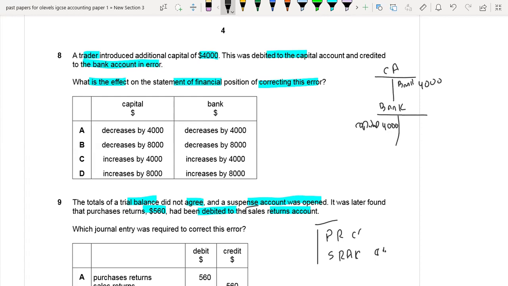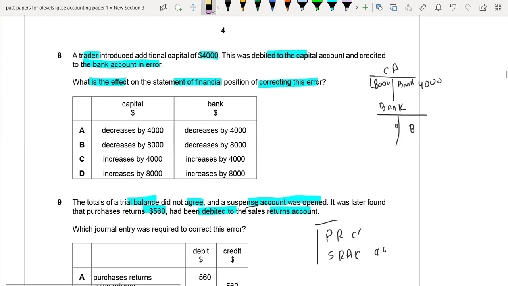If we want to rectify it, we have to write 8,000 here, because if we write 4,000 here, it means 4,000 debit and 4,000 credit, so it will cancel each other out. That's why we have to make the entry with double the amount. Same with the bank account, we have to make the entry on the debit side with 8,000.